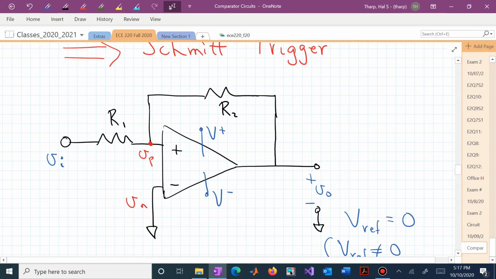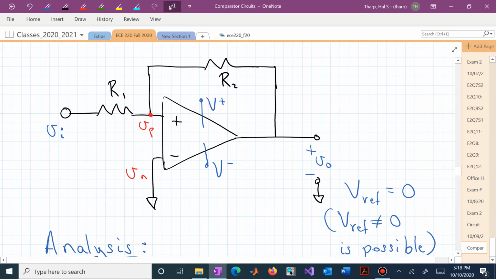So now let's analyze this circuit and see what this buys us. Does this eliminate some of the chattering that we might see in a normal comparator circuit by simply interconnecting a couple of resistors around the basic comparator op-amp configuration?